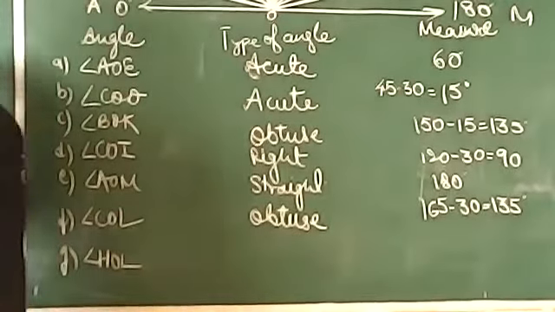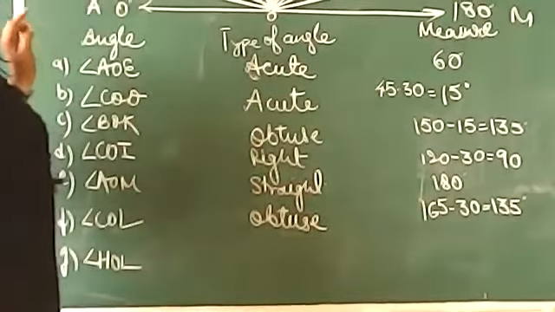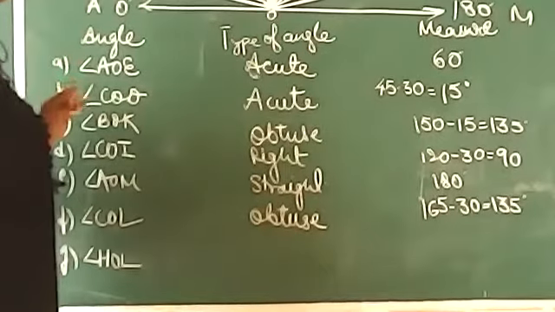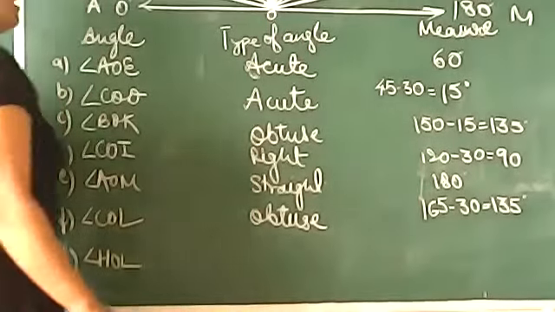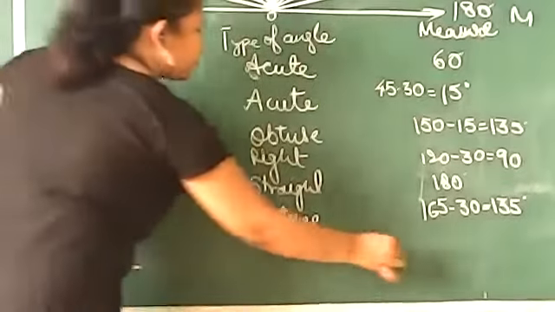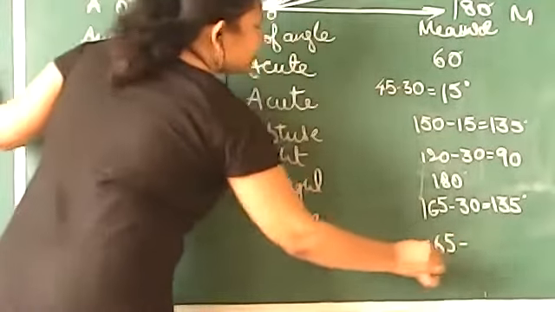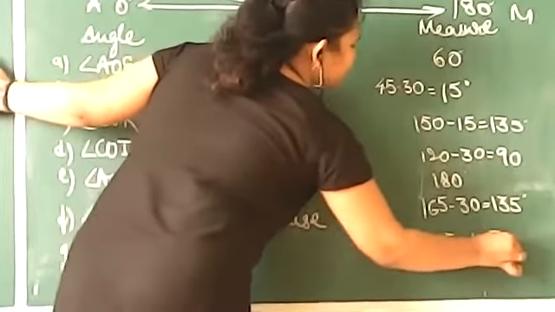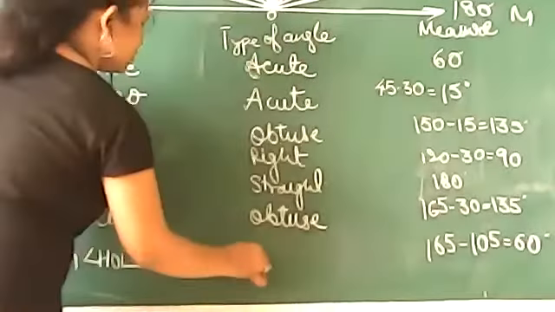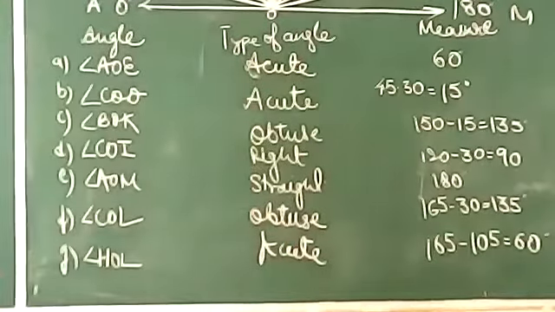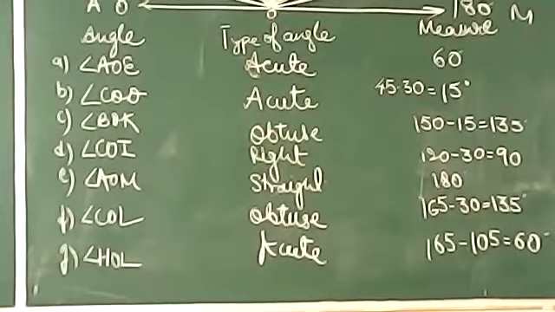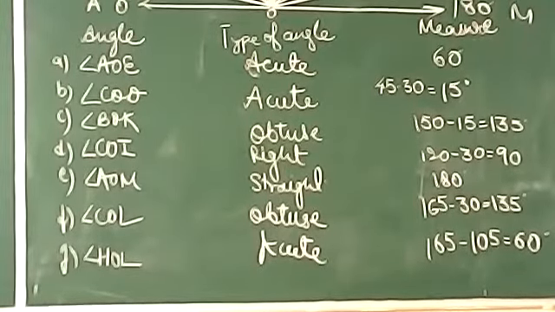H means you have 105 and L means you have 165. So 165 minus 105, which you will get as 60 only. Completed. Remember, all these answers are from this figure only. Without making the figure, you cannot draw this question. Please remember.